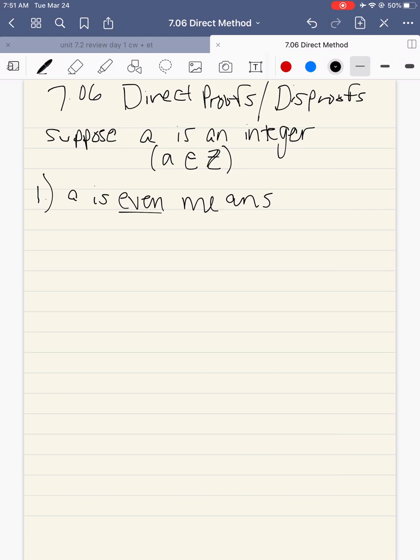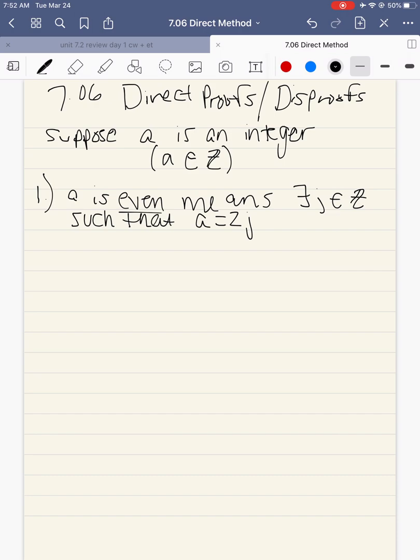So if A is even means there exists, that quantifier that we've been talking about, there exists a j that is an integer such that a equals 2j. If a is an even number, basically what this means is it's divisible by 2. And we can define that as long as j is an integer. If we are divisible, that means we have no remainder, so j would have to be an integer.